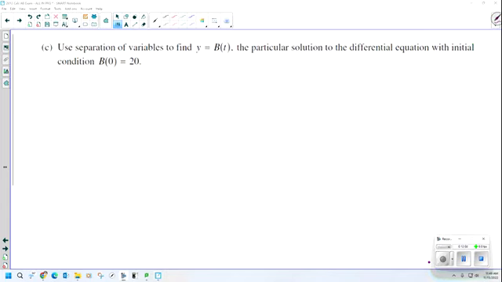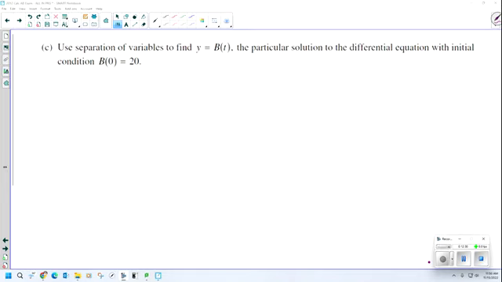All right, get cozy, settle in. This is going to be a little bit of work. Not tremendously difficult algebra work, but it's going to be more than we've done before for A and B in this question 5. Use separation of variables to find y equals B(t), the particular solution to the differential equation with the initial condition B of 0 is 20.